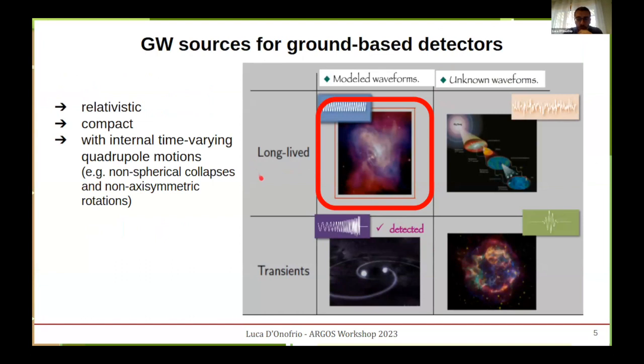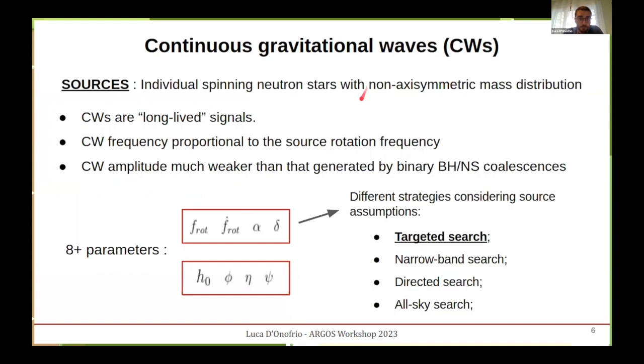The topic of this talk is quite different from the detections that we had from the merger of neutron stars, because the topic is the signal emitted by spinning neutron stars, the so-called continuous signals. As you can see, these signals are long-lived and with well-known waveforms. Indeed, as I said, the sources are spinning neutron stars with a non-axisymmetric mass distribution.